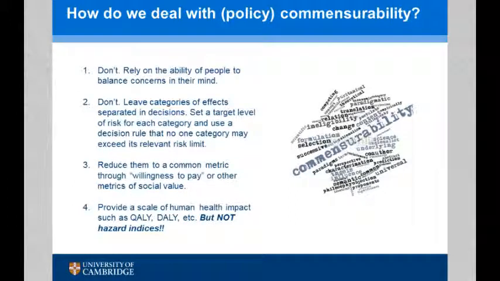So what are we going to do in the policy realm with this problem of commensurability? Well, as I said, one possibility is, and you can use the methodology that I'm about to show you to do this, you could look at every effect individually.